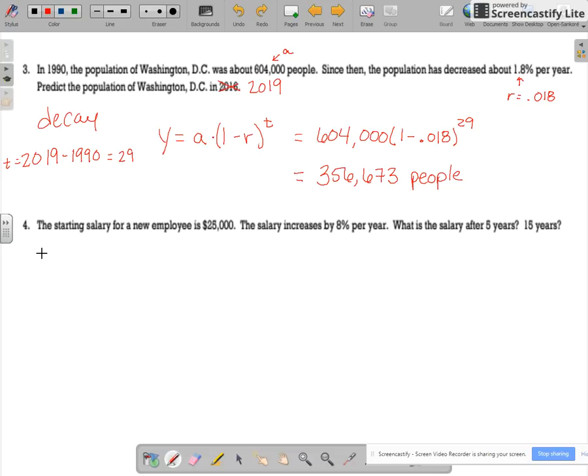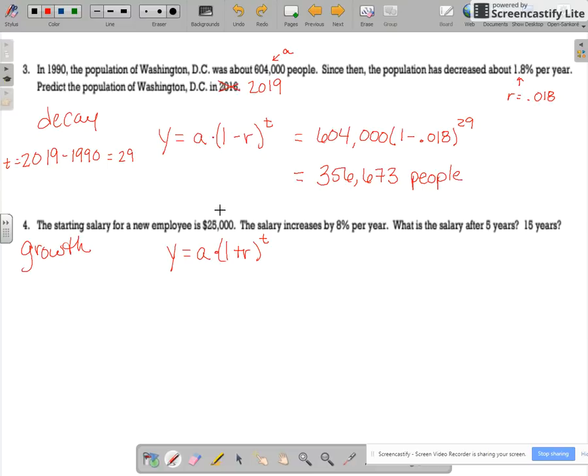So the starting salary for a new employee is $25,000. The salary increases by 8% per year. What is the salary after 5 years and after 15 years? So if we're increasing, we have a growth. So our equation is y is equal to a times (1 plus r) to the t.